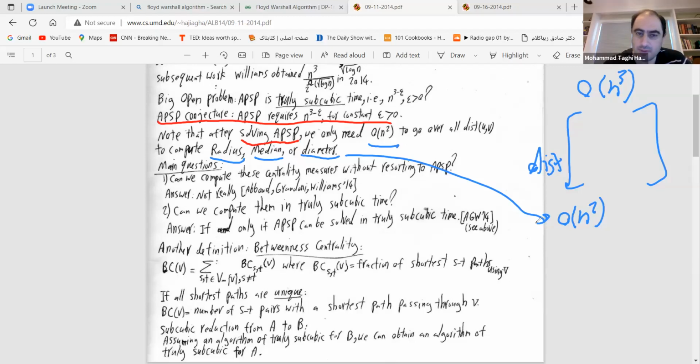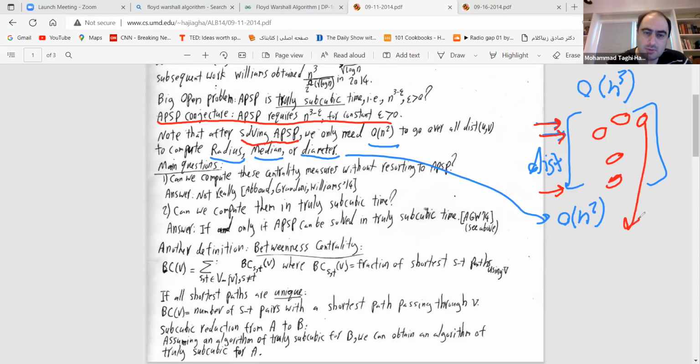Yeah, exactly. For example, for radius, if you want to solve the problem, you will iterate over all vertices here. And for each vertex, you will see who is the max guy. And then among all of these guys, you choose the one whose maximum is lowest. So if this is the guy, then this would be the radius.